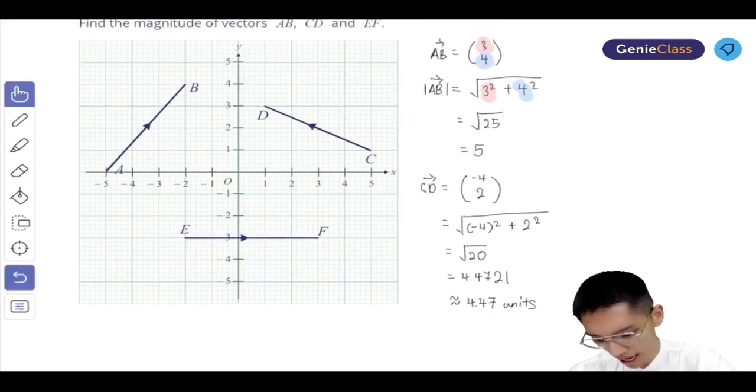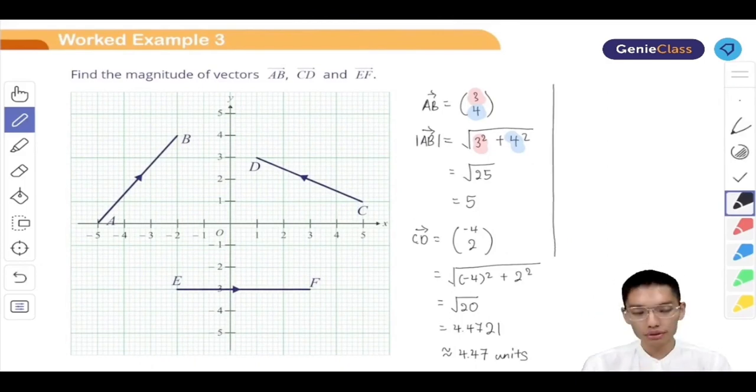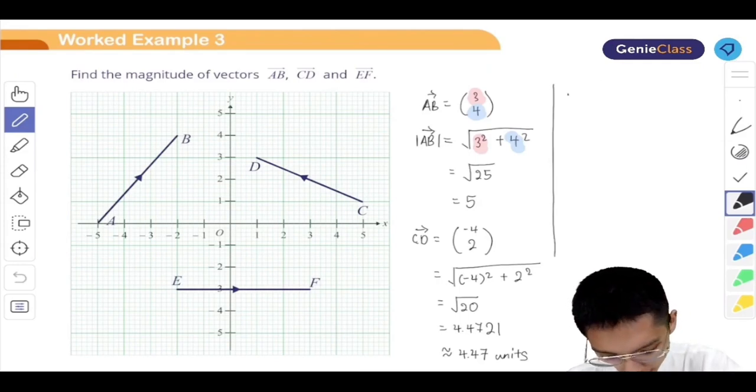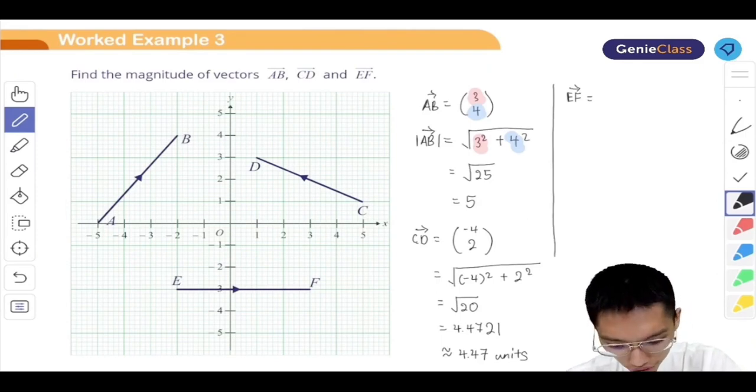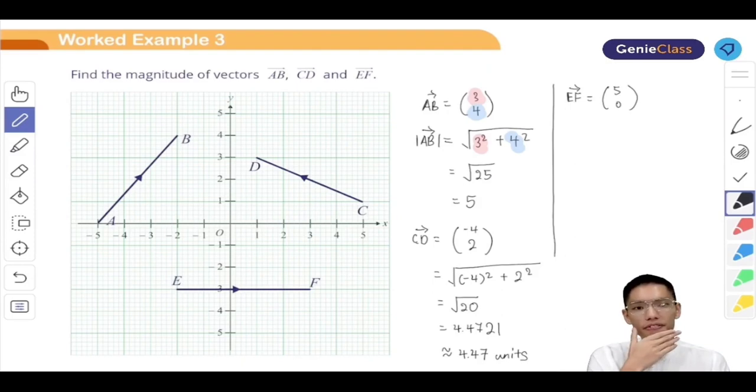Lastly, I want to find EF. EF is even easier. You don't have to use Pythagoras. In fact, does anybody know, before I even do the answer, what is the magnitude of EF with the vector of (5, 0)? Anybody want to try? What is the magnitude of EF without even using Pythagoras?